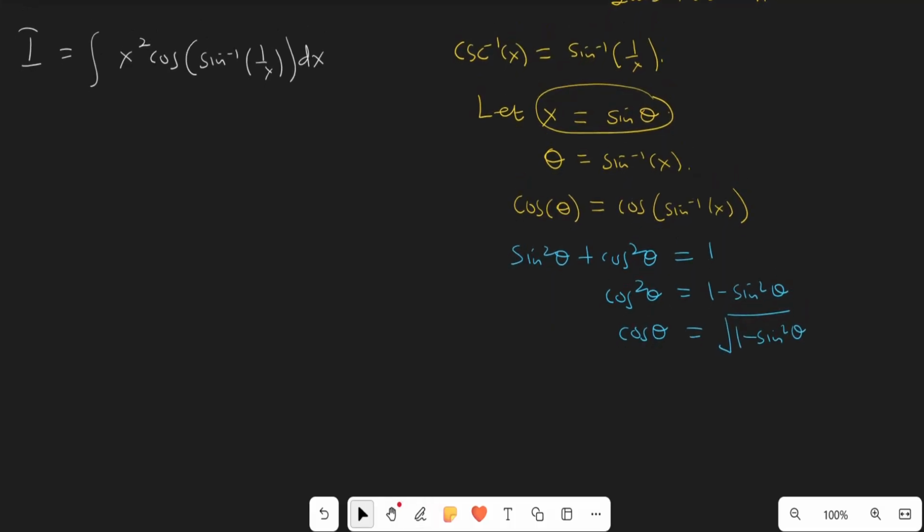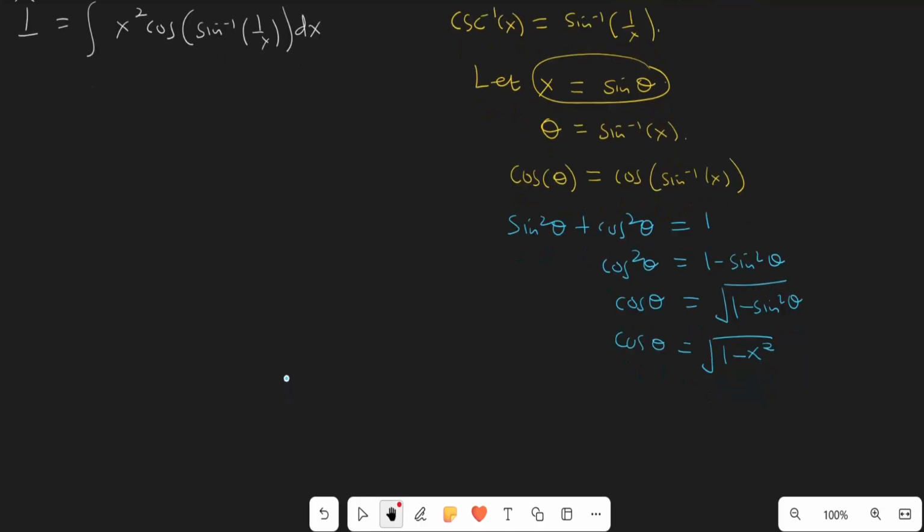But what is sine of theta? Sine of theta is equal to x, so we can just replace that here. Sine theta is x, so sine squared theta is x squared. So cosine of theta can be expressed as the square root of 1 minus x squared.